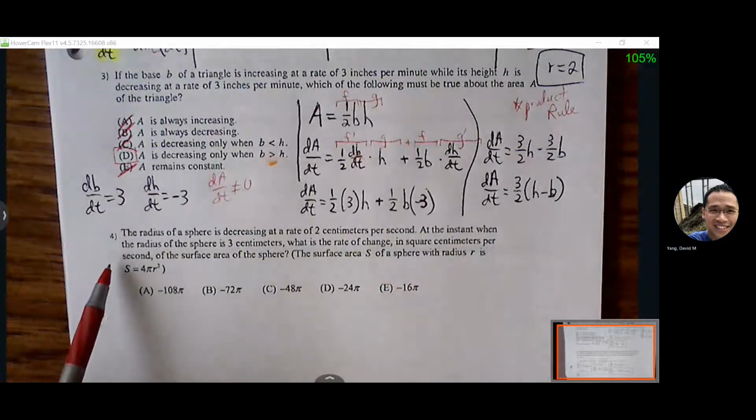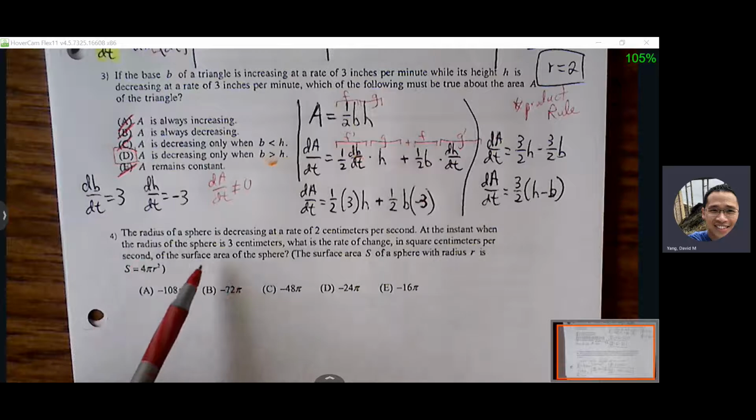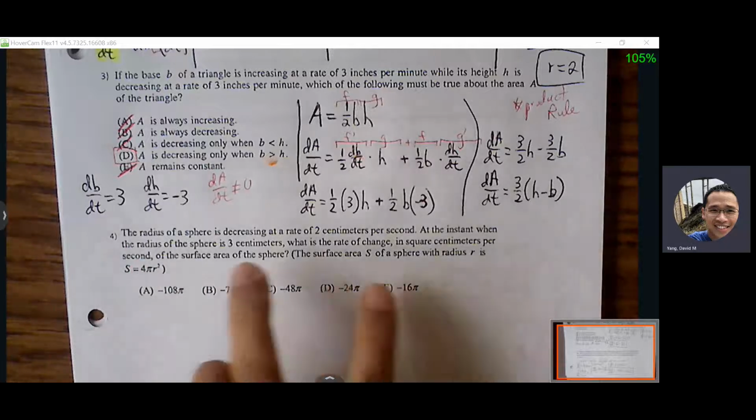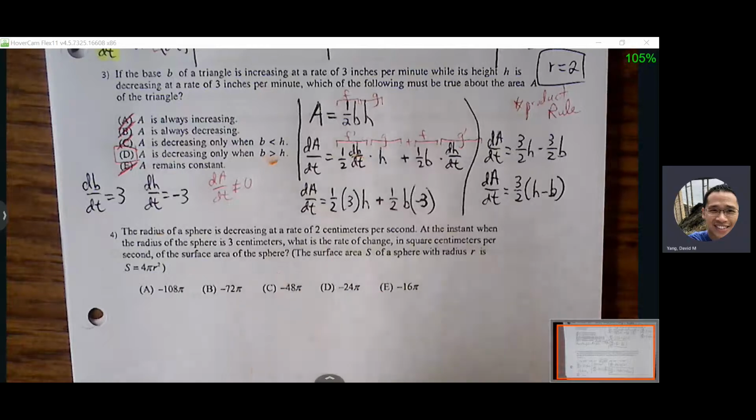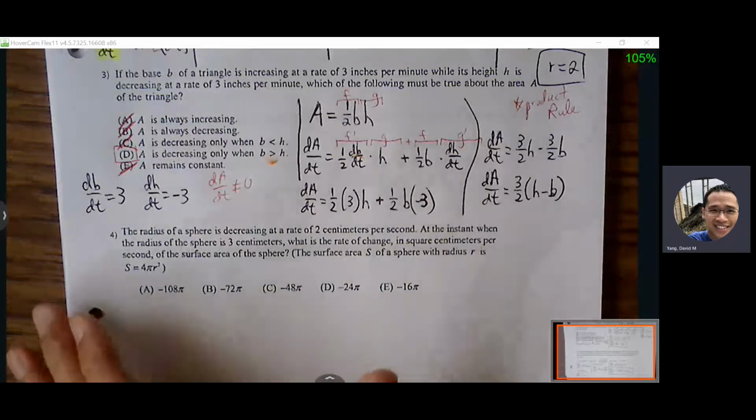Try number 4. Number 4, I feel like it's more straightforward. You have your equation. List out your information, find the derivative, and then just make your substitutions. Okay, so try number 4.